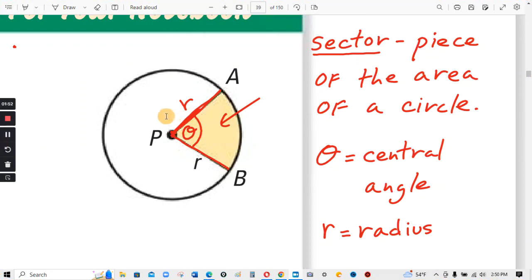The greater this angle is, the more of the circle is swept by this area. If this angle gets bigger, this area is going to be a larger fraction of the circle. So this central angle theta is what determines how much of the circle, percentage-wise, is covered.